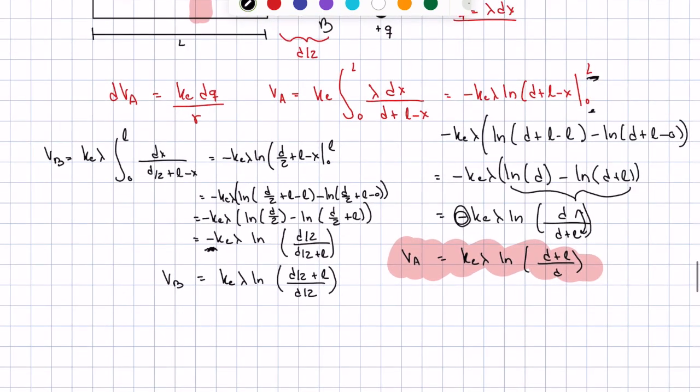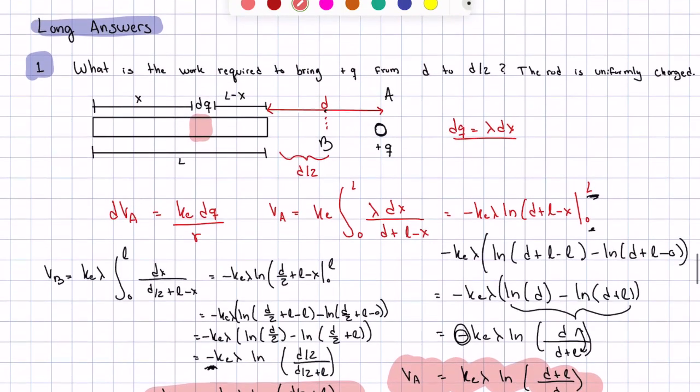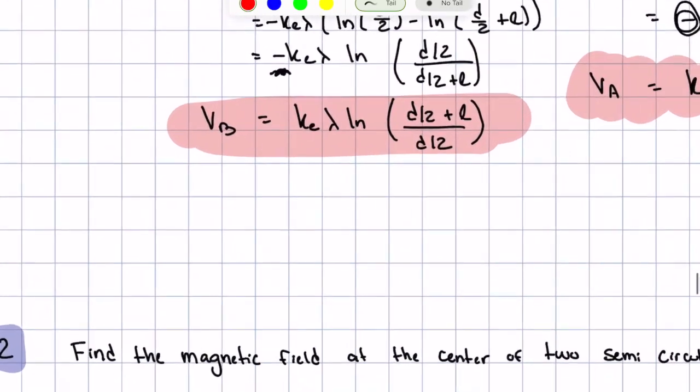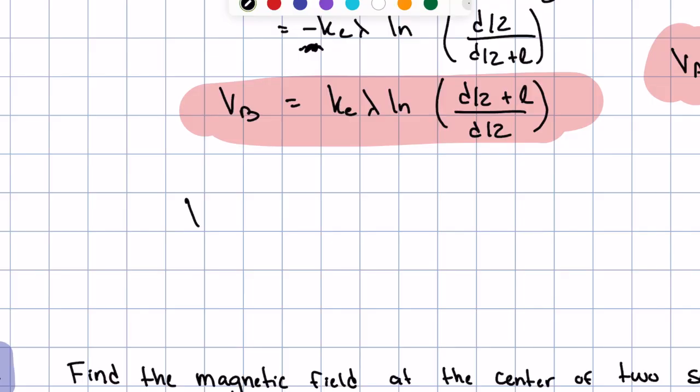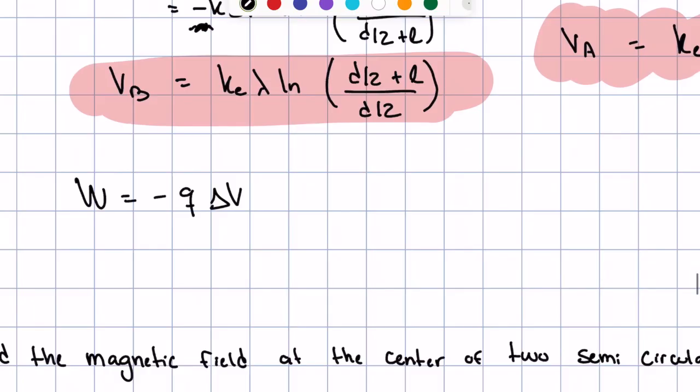If we remember, the question wanted to know what is the work it takes to bring a charge plus Q from point d to d over 2. What this requires is the following, where work is equal to negative Q delta V, where delta V is equal to VB minus VA.